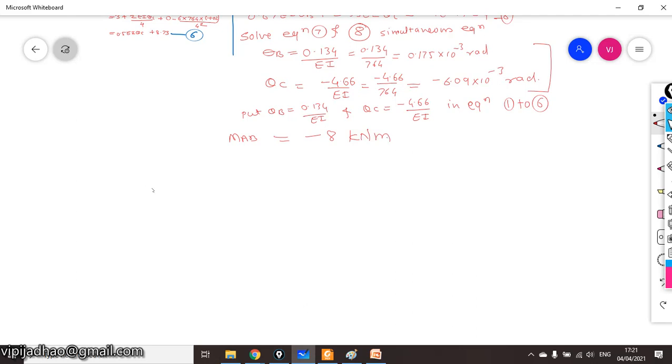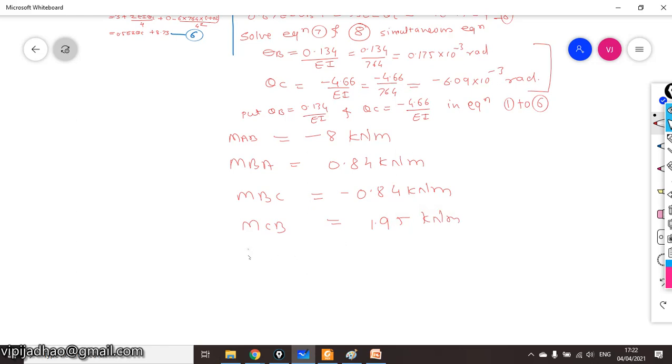Then we get MBA is equal to 0.84 kilonewton meter. MBC is equal to minus 0.84 kilonewton meter. MCB is equal to 1.95 kilonewton meter.